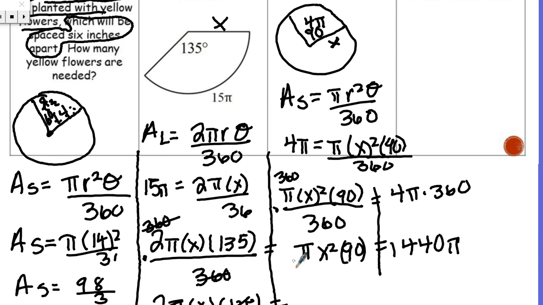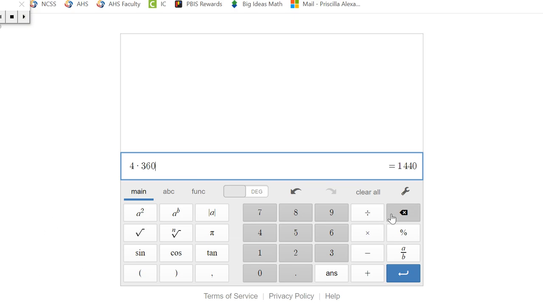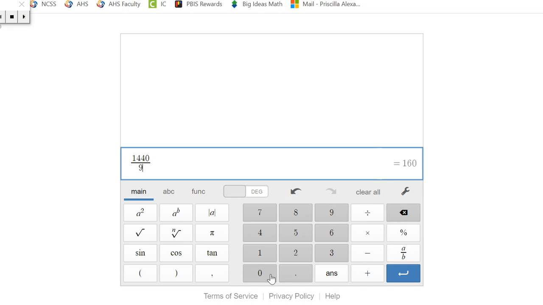1440 pi, and then we're going to divide by pi and 90, since that's multiplication over here. The pi goes away, so we get x squared equals 1440 divided by 90. So let's go 1440 divided by 90.